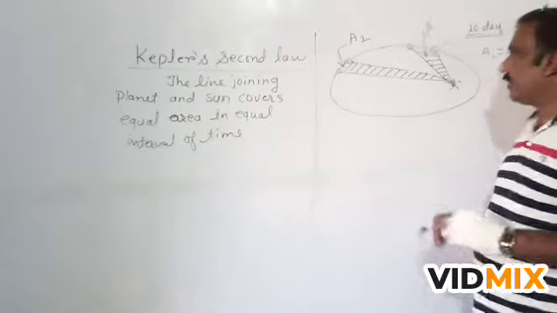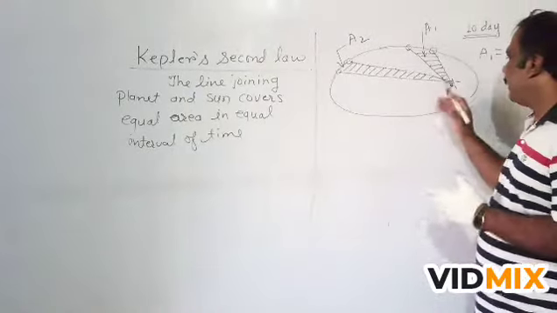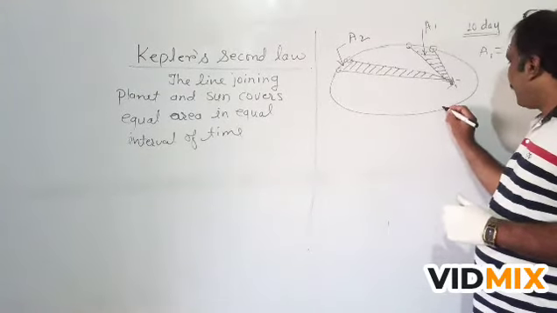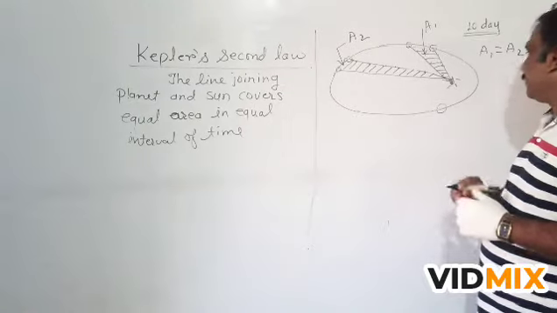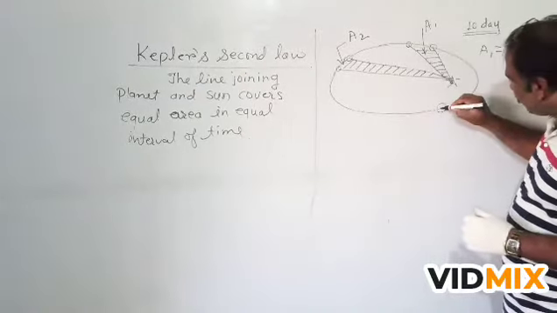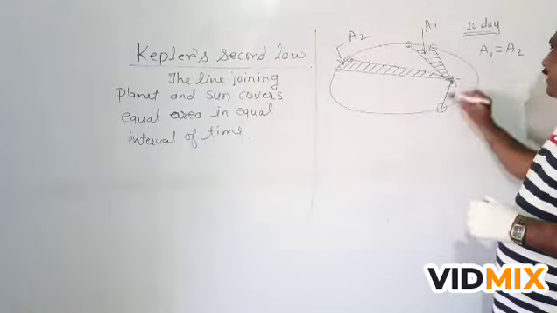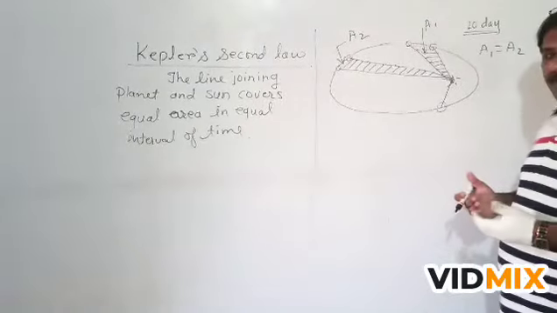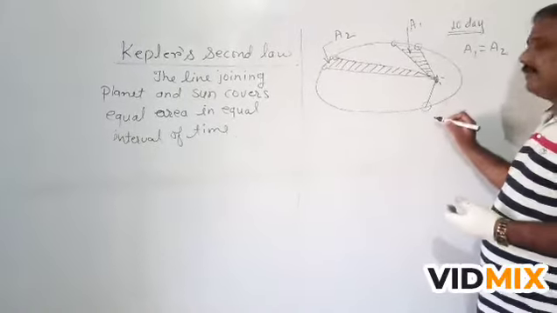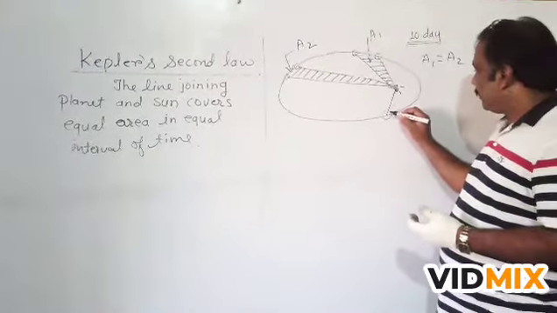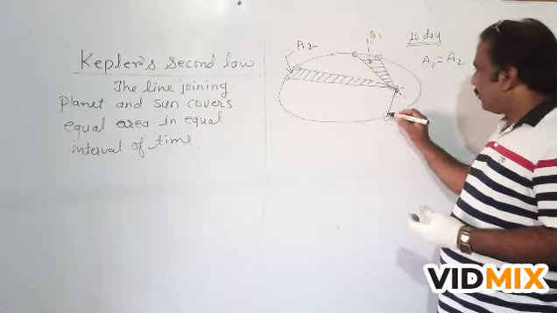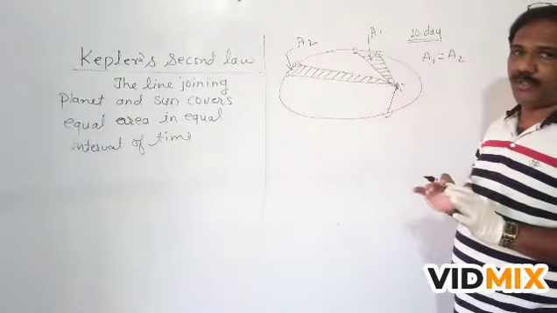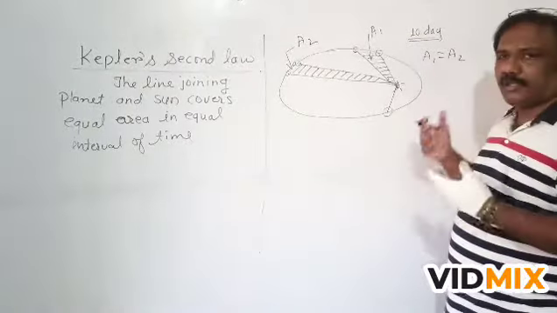Now consider another position of the planet. Suppose the position of planet Earth is here, and this is the line joining Earth and Sun. In another 10 days, this line will sweep an area equal to A1 or A2.